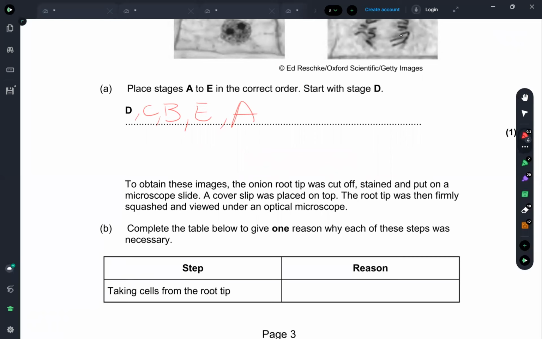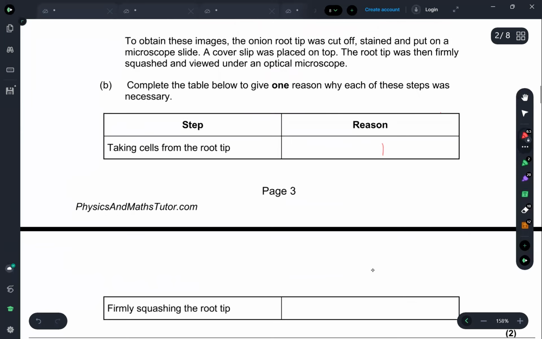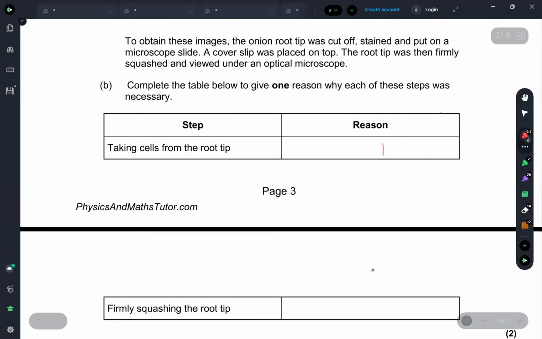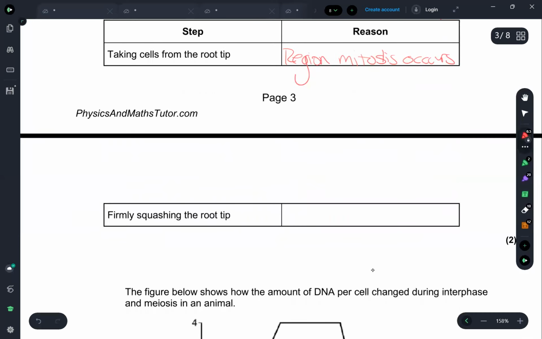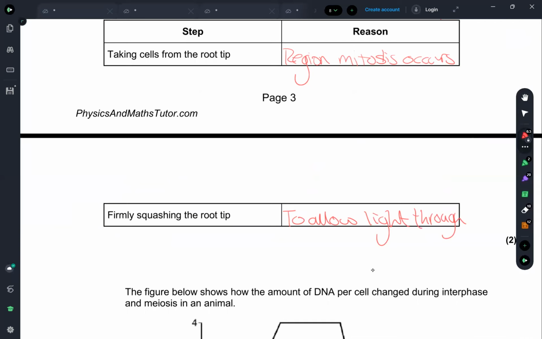Taking cells from the root tip, remember, is because that is the region where mitosis occurs, because that's where that growth is happening. Firmly squashing the root tip is to allow light through, or to make the tissue layer thin.